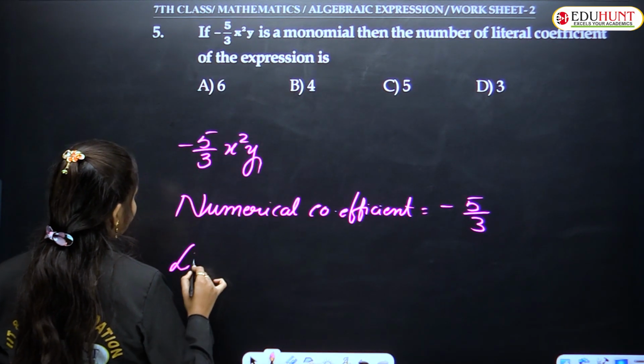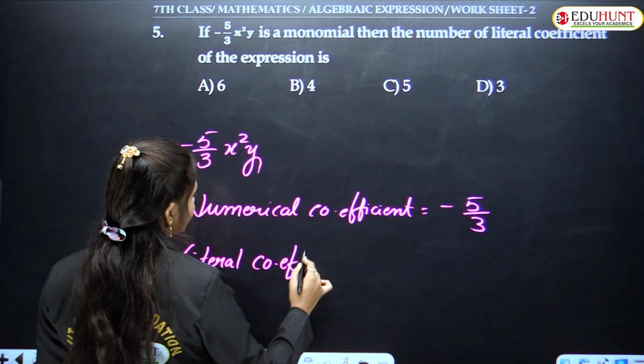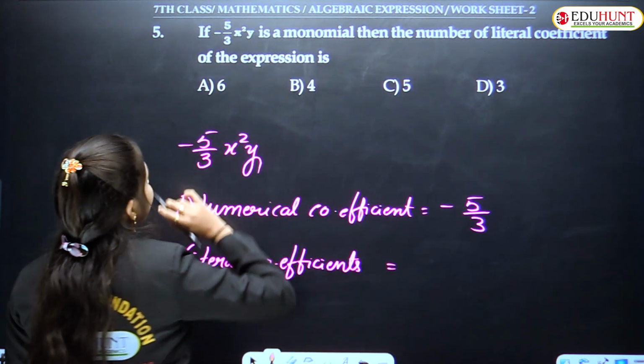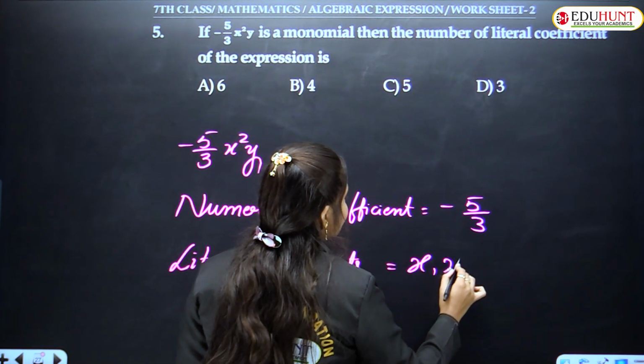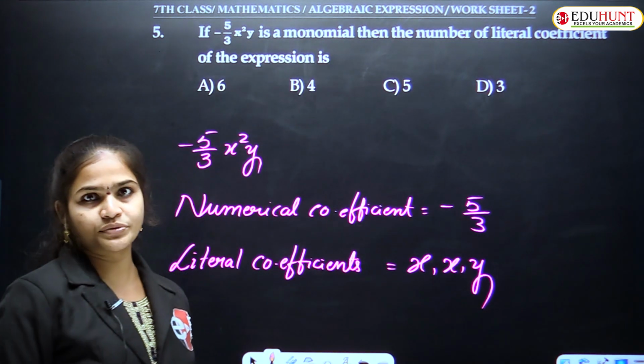Now here literal coefficients are what? Here x 2 times there, means we can write it as x, x and here another one is y. These are the literal coefficients.